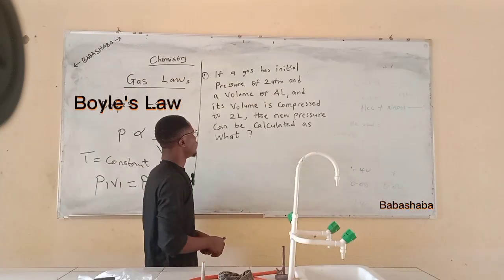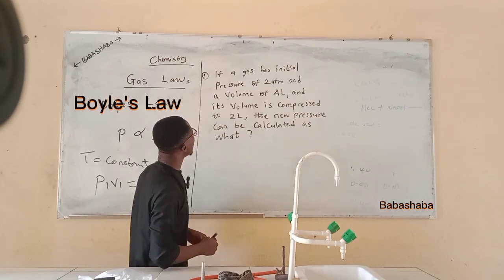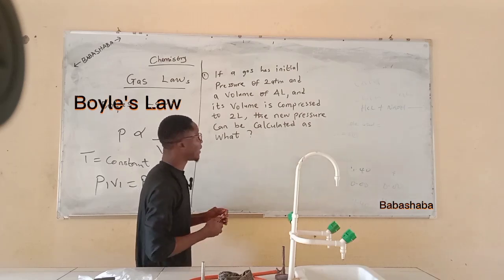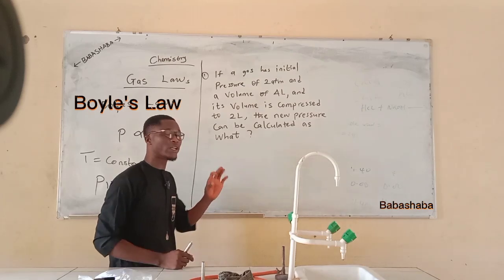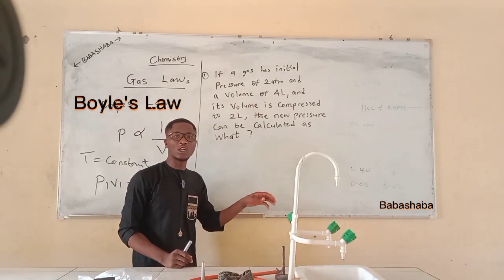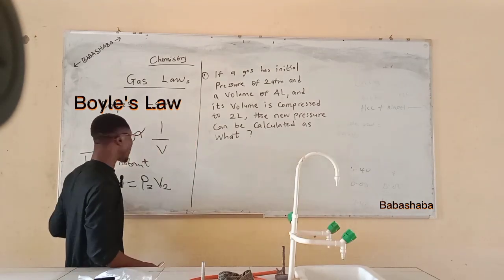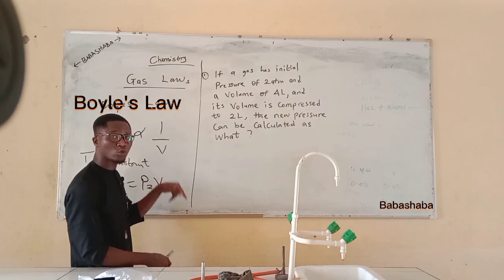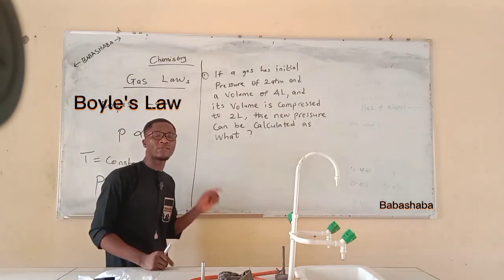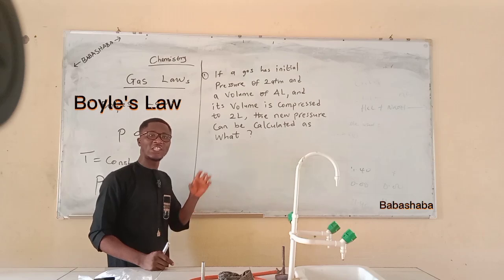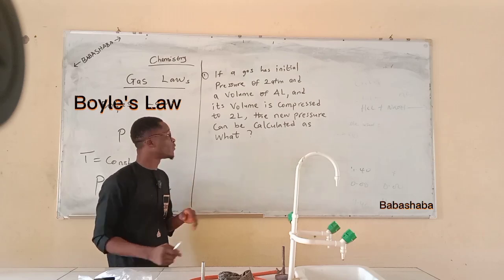All right. So now here is a problem for us to solve. When the gas moves from an initial state to a final state, you have P1 and P2, the initial pressure and the final pressure. Now look at this question.